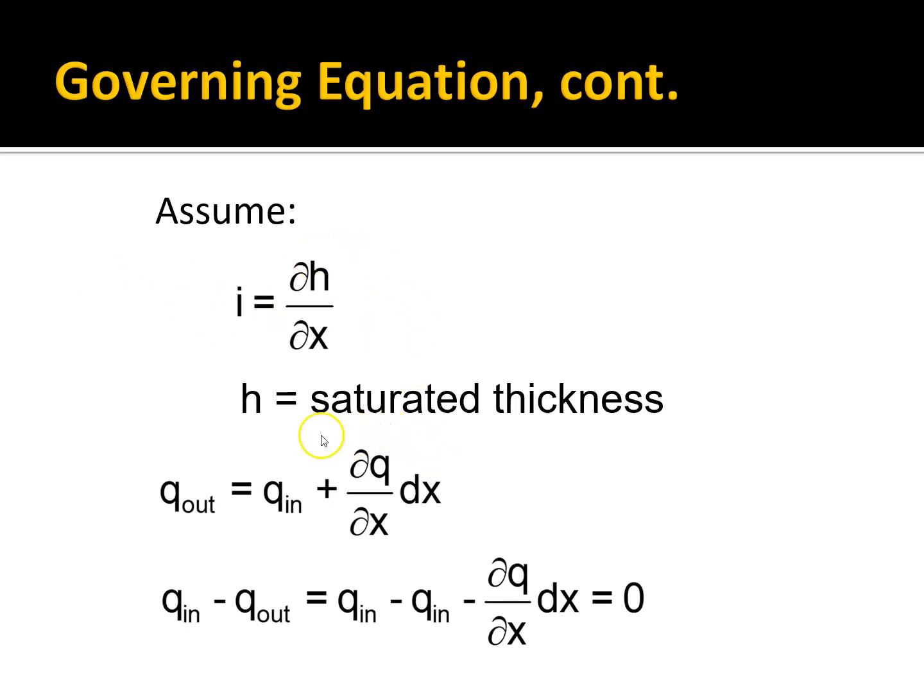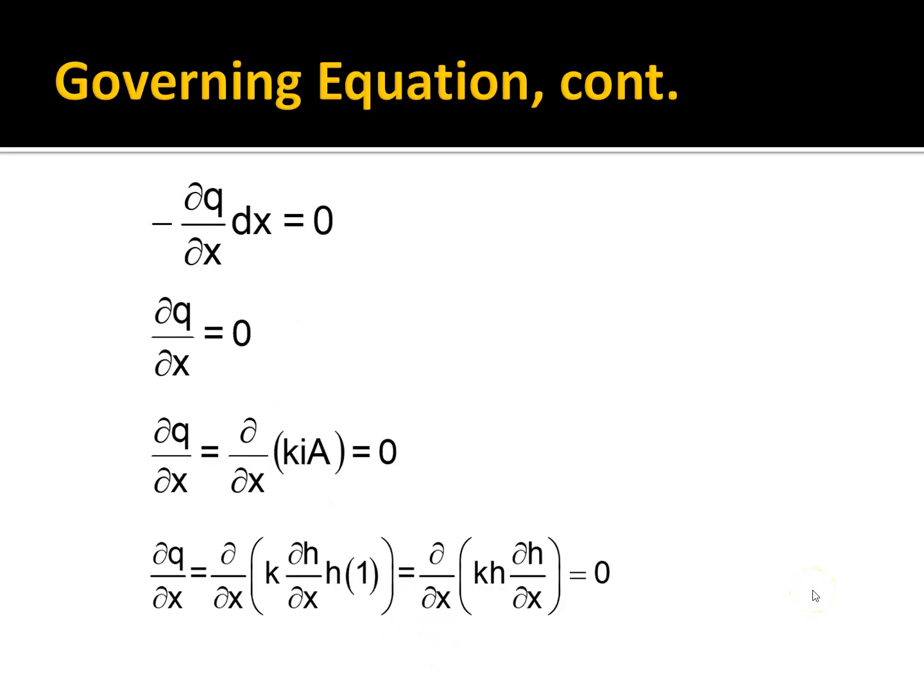Since this is Q out, we substitute that right here in this equation, and these Q in minus Q in terms cancel. We get minus del Q del X dx equals 0. We can divide by negative dx, and we get simply the derivative of Q with respect to x equals 0.